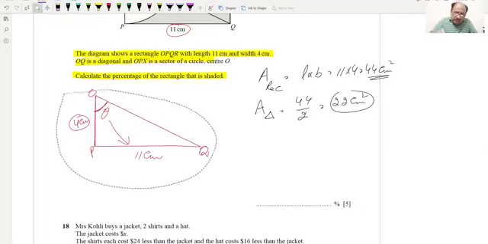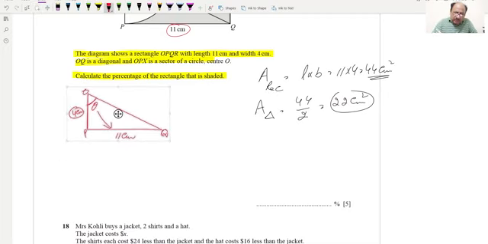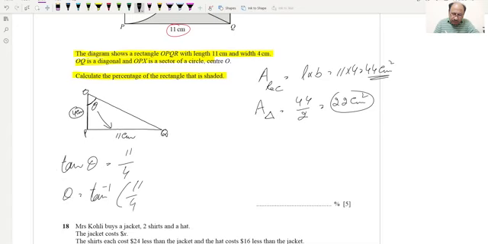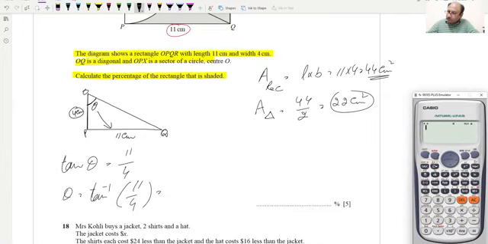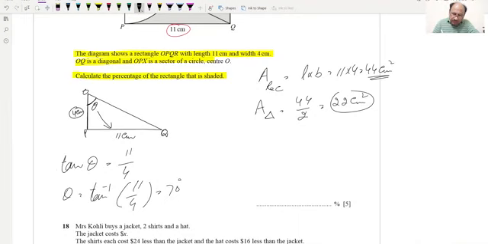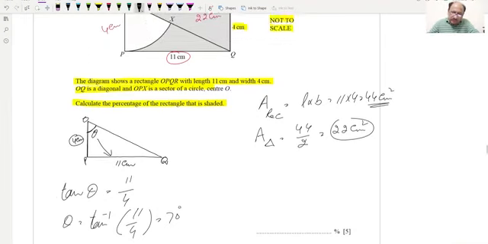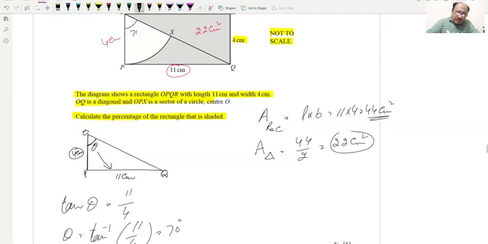So tan theta is equal to 11 over 4, so theta will be equal to tan inverse of 11 over 4, which is equal to 70.01, so 70 degrees. So we got this angle as 70 degrees.